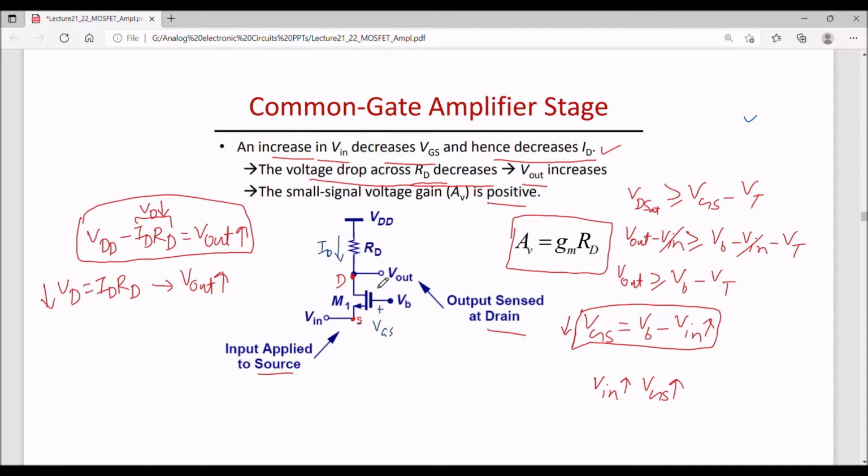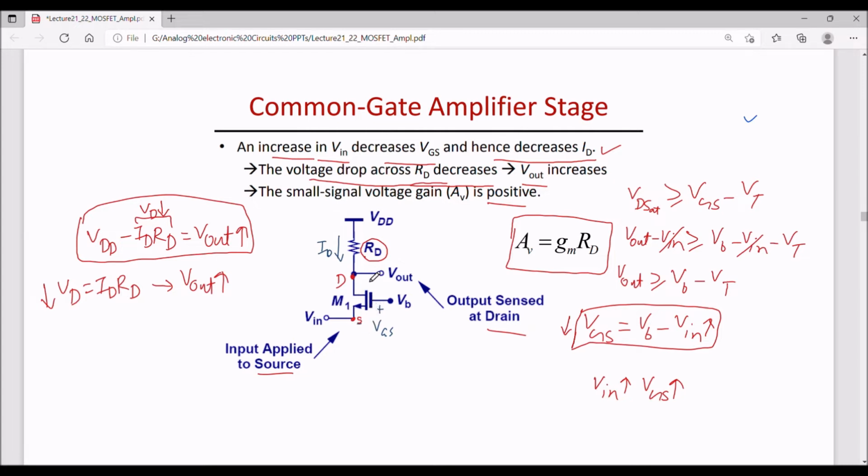Now here also you will notice that the gain is limited, because the entire VDD cannot drop across RD, similar to what we had seen in BJT based amplifiers. Across RD the entire VDD cannot drop, otherwise Vout will be 0 and then this MOSFET will not remain in saturation.